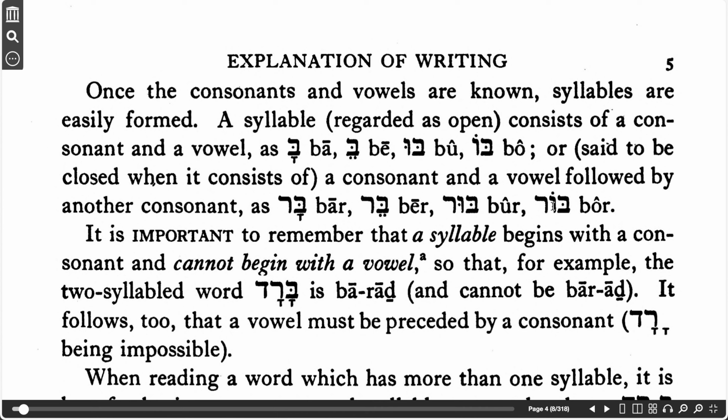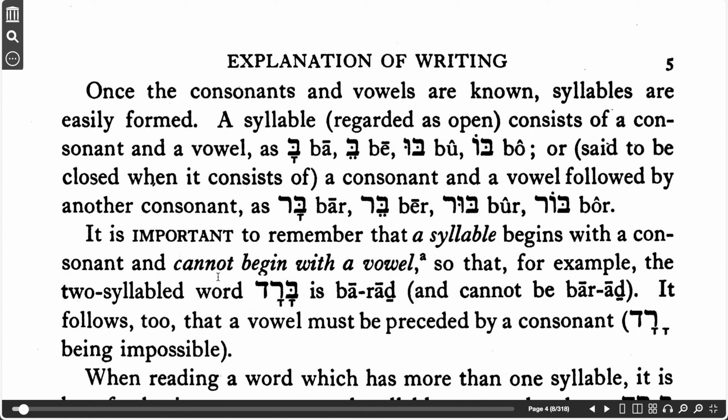So they do sound different. I may not be the best in pronunciation, but these are different sounds, right? Because they have different vowels. Notice the same two consonant letters, the bet and the resh, but the different vowels make them sound different ways, right? So it's important to remember that a syllable begins with a consonant. It always begins with a consonant. It cannot begin with a vowel.